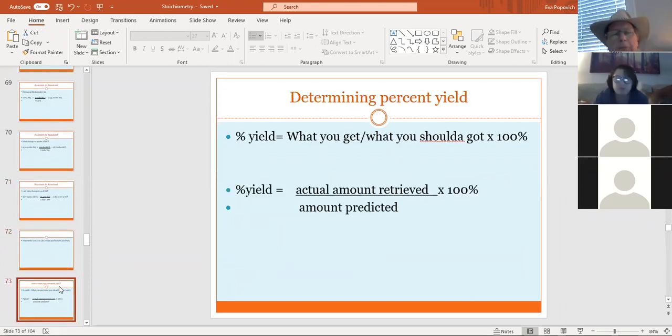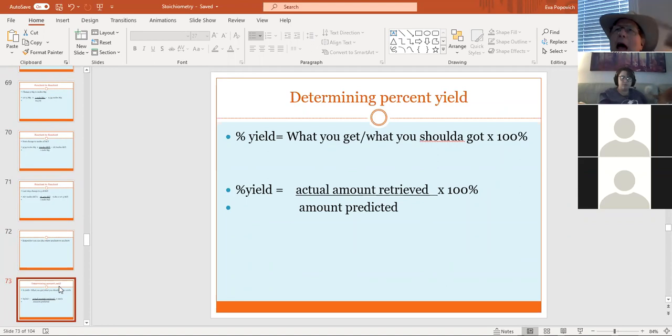All right. New concept here. Determining percent yield. Percent yield is what you get back divided by what you should have gotten back. You're going to do the reaction experimentally, and you're going to figure out how much the experiment actually produces.